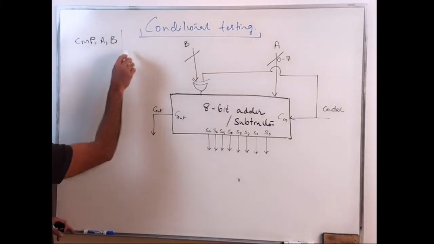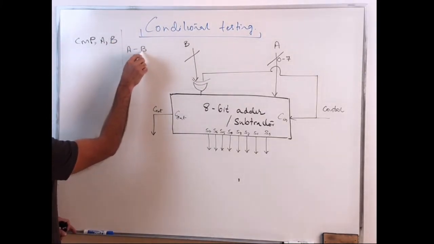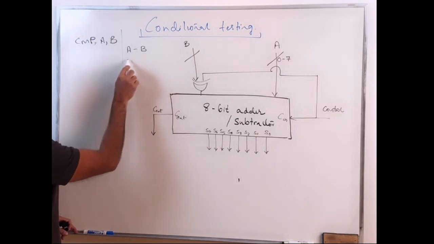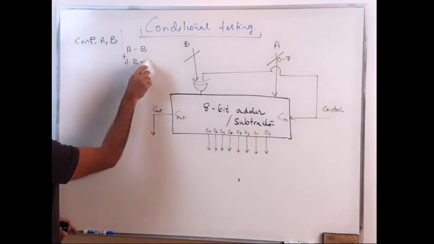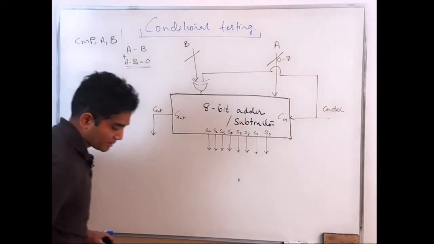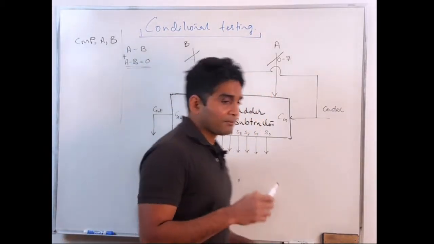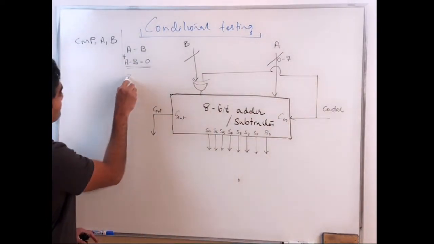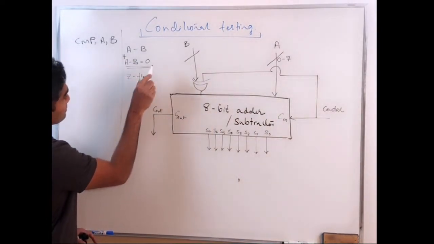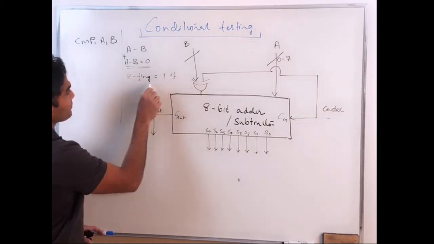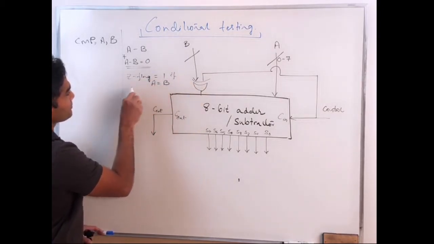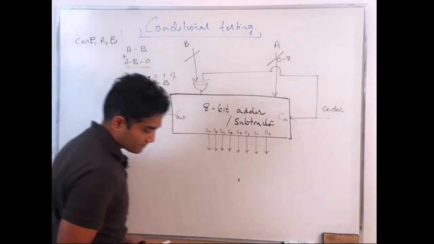Now, when I'm doing this operation to compare between A and B, basically what's happening at the hardware level is an A minus B operation. I'm testing if A minus B equals 0. I'm doing this particular testing, and I want to construct a Z flag that is equal to 1 if A is equal to B, and equal to 0 otherwise.